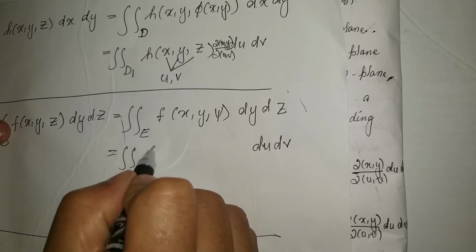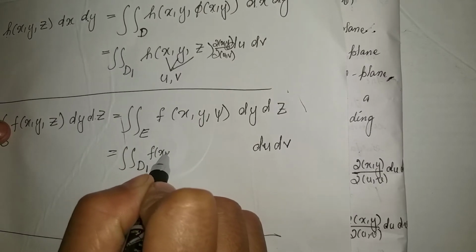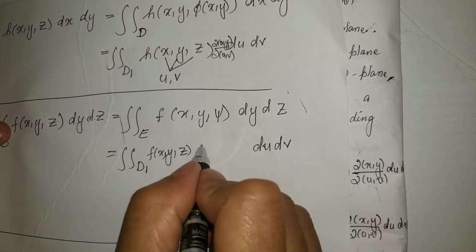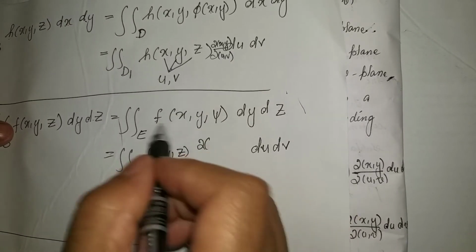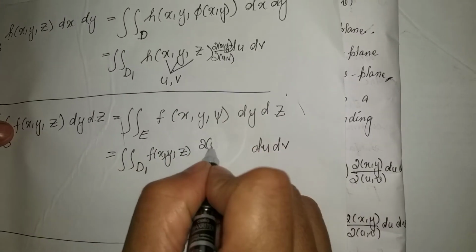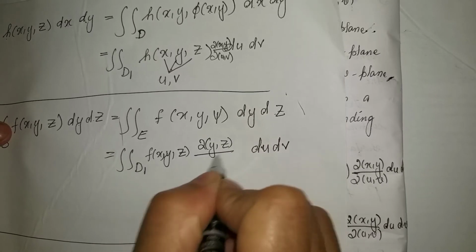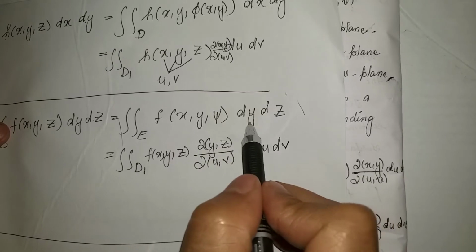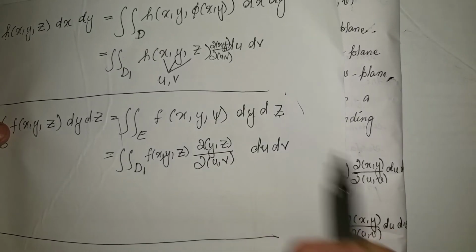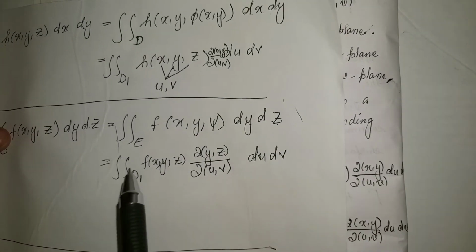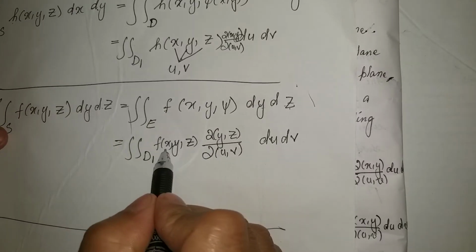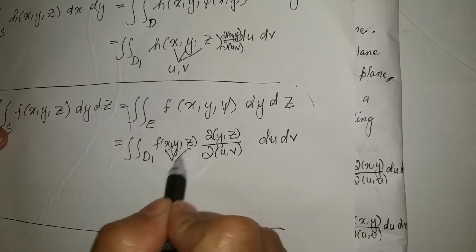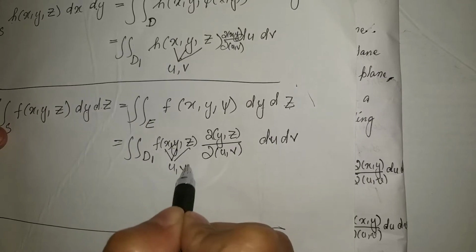Then the function f(x,y,z) times del(y,z)/del(u,v), since we're changing from yz to uv. And x, y, and z should be in terms of u and v.